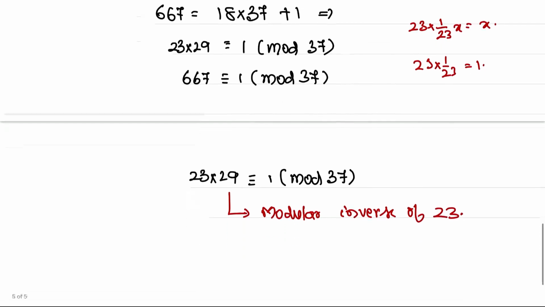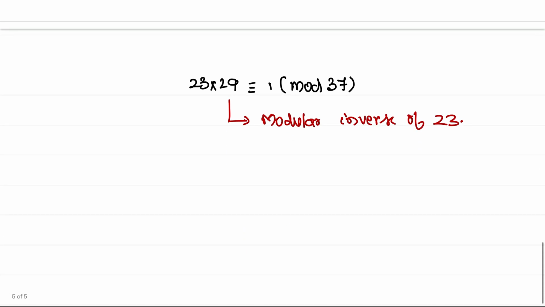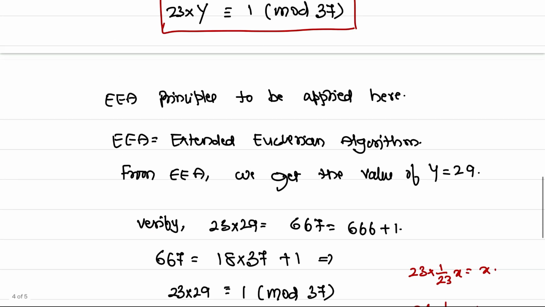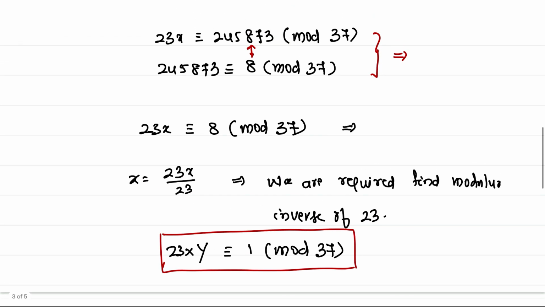But in modular arithmetic, 23 into 29 is congruent to 1 mod 37, because mod 37 is there. Now, 29 is the modular inverse, so let us put this in the equation.